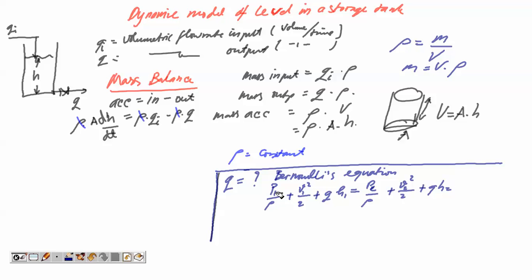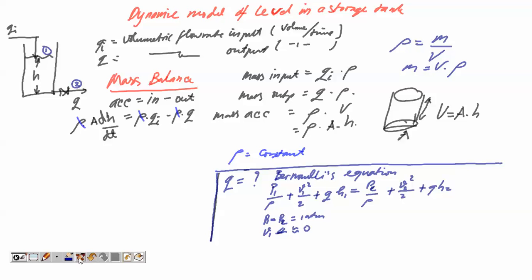Point 1 is here and point 2 is here. In this case P1 is equal to P2, that is 1 atmosphere, and the velocity V1 we assume is very small, so we assume 0.